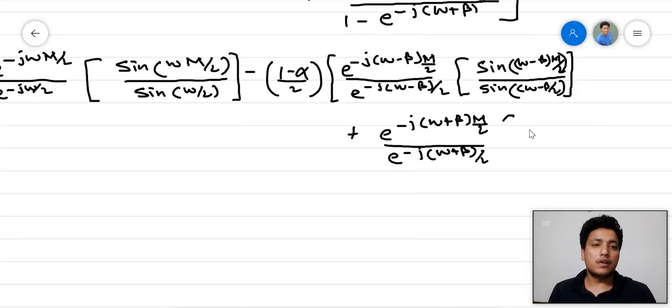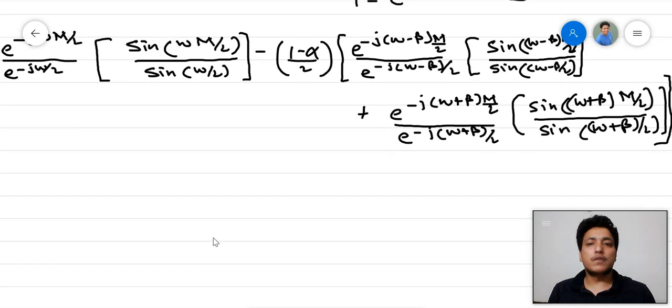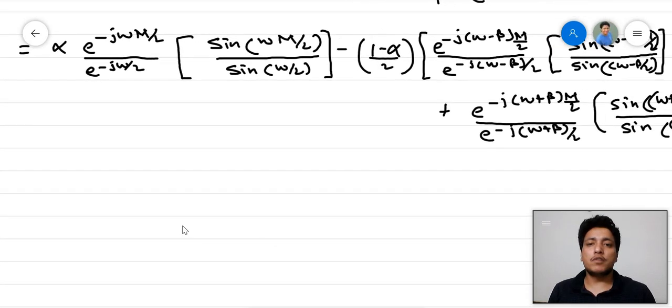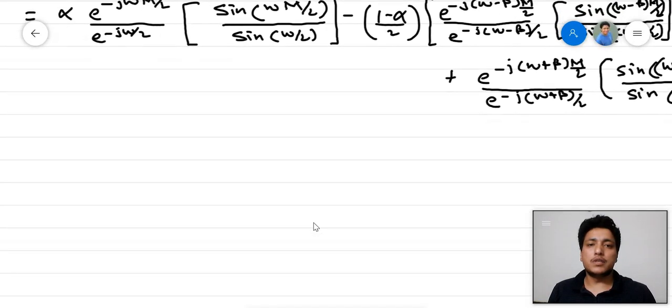It will be sine (omega plus beta) m by 2 over sine (omega plus beta) by 2. So we have written this particular equation with all the phases and with all the values in it.